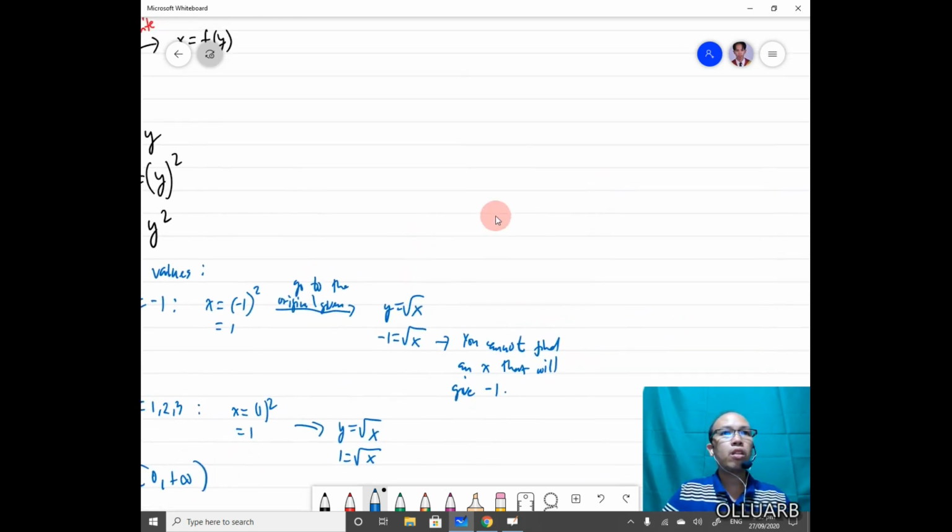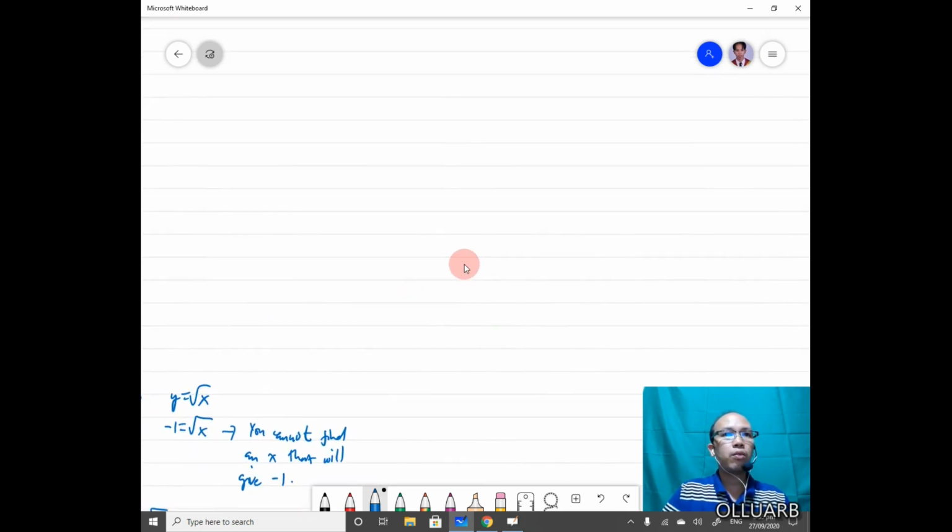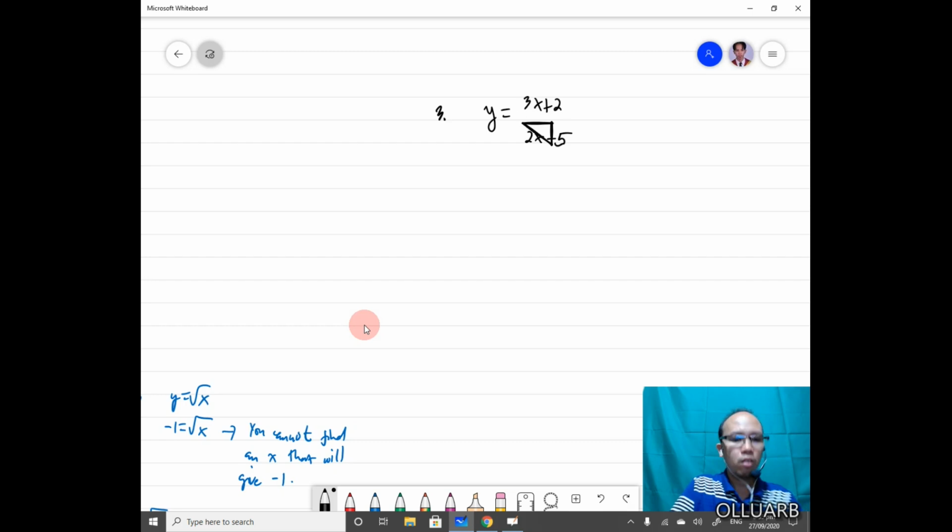For the other problem, sorry, let's use the black one. Our third equation is y is equal to, I guess, 3x plus 2 over 2x plus 5. Oh, what happened?